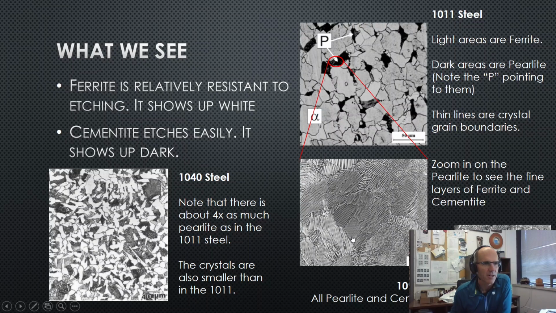And the dark lines are cementite, and the white lines in between are your ferrite. And this crystal right here is a pearlite structure because it's a mix of ferrite and cementite.